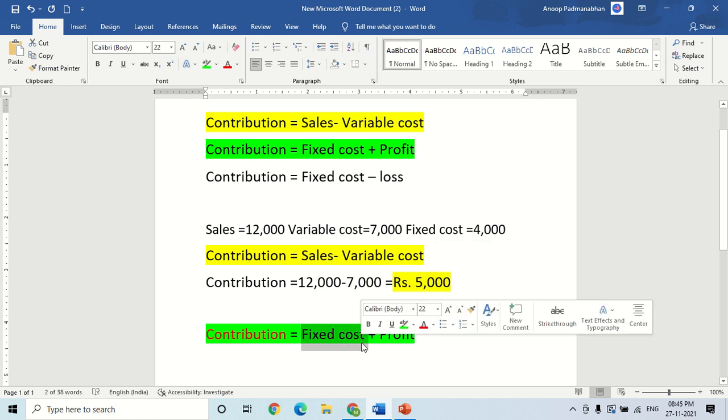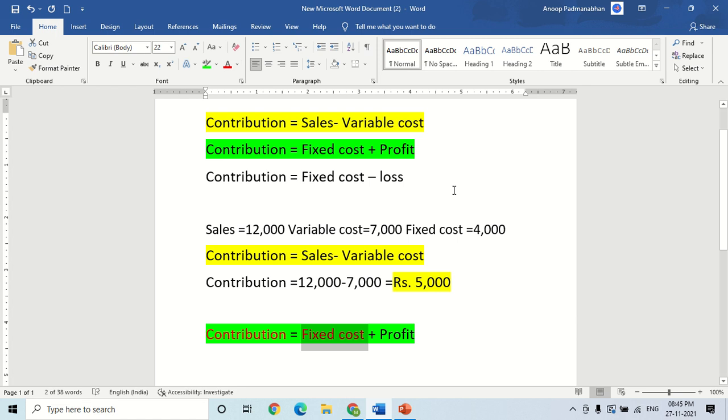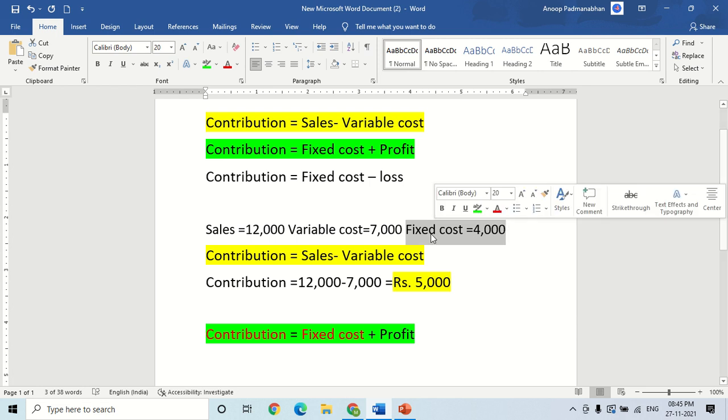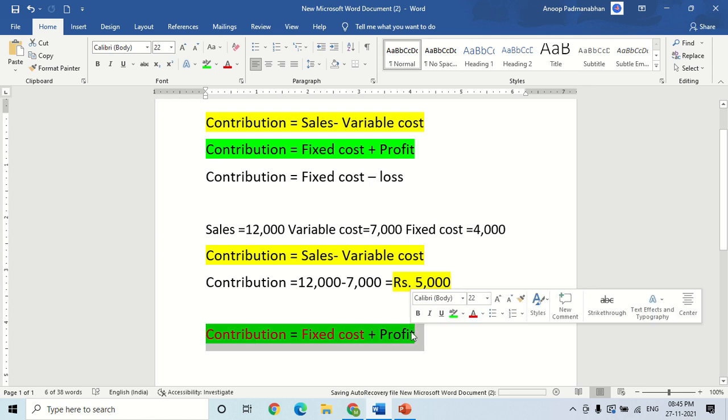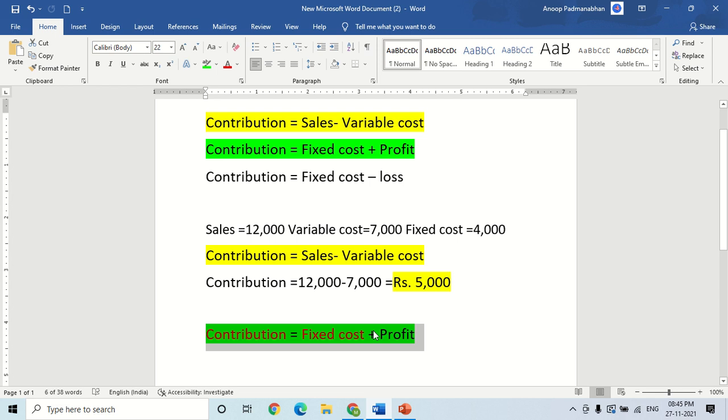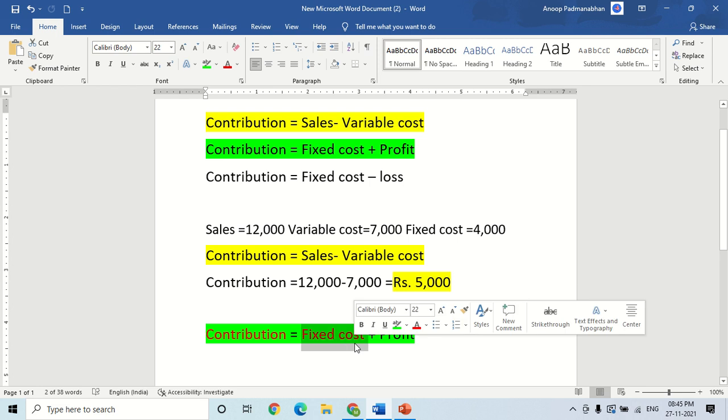Then the fixed cost is already available in the question. Look at the fixed cost, how much is available? 4,000 is given in the question. So if I apply this equation, I can easily find the value of profit. How do I find the value of profit in this equation? Profit I will keep on this side and the fixed cost I will take to the other side.